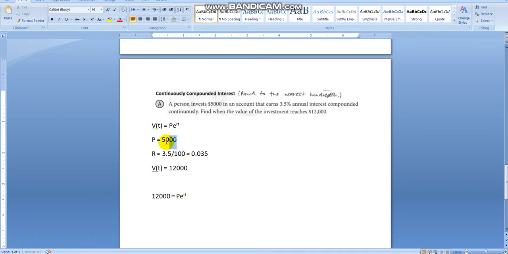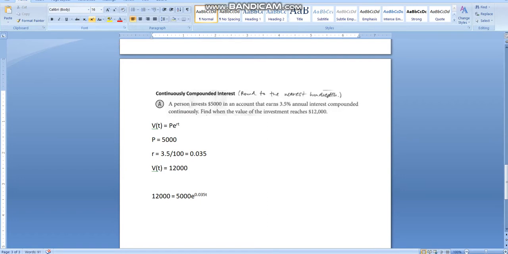P is our initial amount that we started off with. Oh, sorry, this r is a lowercase r. r is our annual interest rate, so that gets plugged in right there. That should be an exponent. There we go. So that's what our expression looks like.